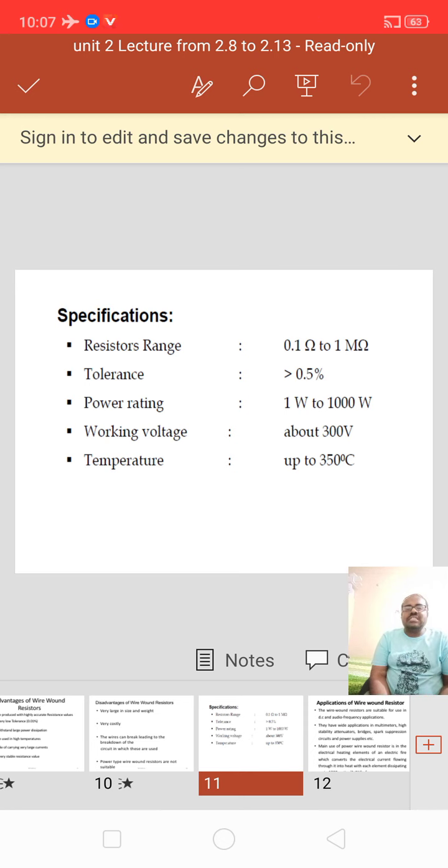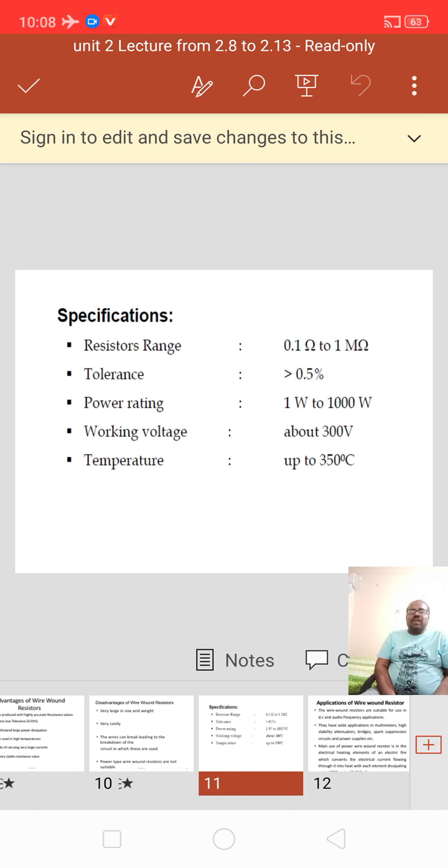Its tolerance is also greater than 0.5%. These are the main specifications of wire wound resistors. Once again I am repeating. It can withstand temperatures up to 350 degrees Celsius. Its working voltage is about 300 volts.